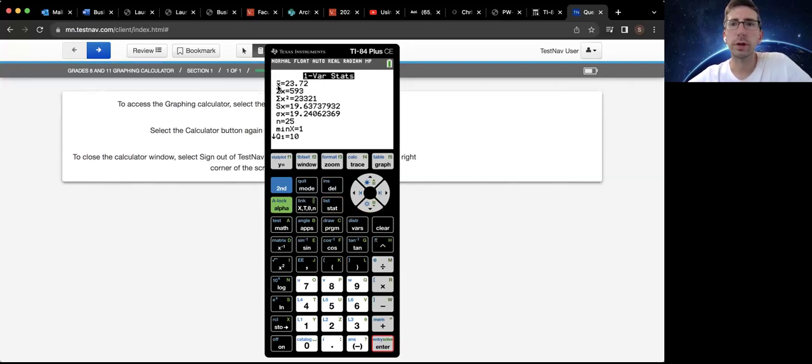where the first thing we're given is X bar, which is our sample mean. So this has calculated the sample mean for us. If you jump down to Sx, that is our sample standard deviation, it's 19.637. This sigma X is if these 25 data points in and of themselves were some sort of population, right?